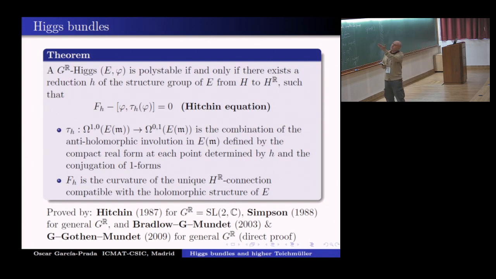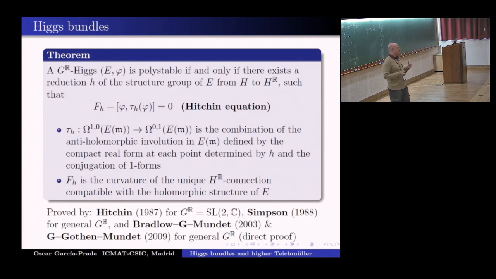So here we're fixing the holomorphic structure of E and looking for a metric. In a gauge theoretic context, you fix the reduction and you're looking for pairs of an H_R connection and a Higgs field. And in that context, this theorem tells you that the quotient of those solutions by the compact gauge group is isomorphic to the stable pairs modulo the complexification of that group.